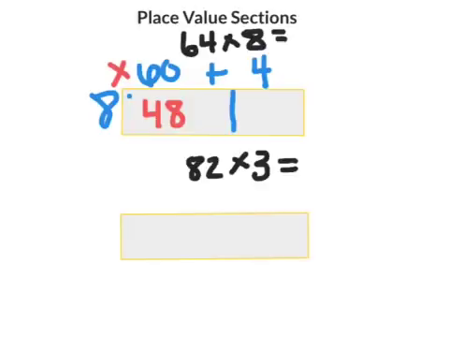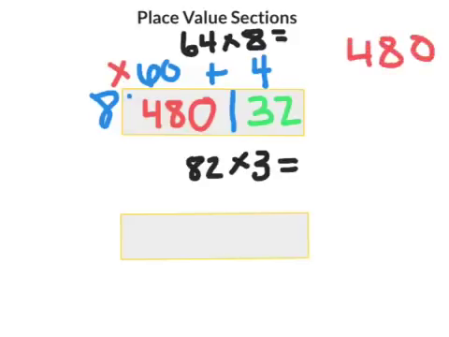Now we're going to go to the next box. The next box we have over here, 8 times 4. We know that 8 times 4 is equal to 32. So now I need to add 480 plus 32.